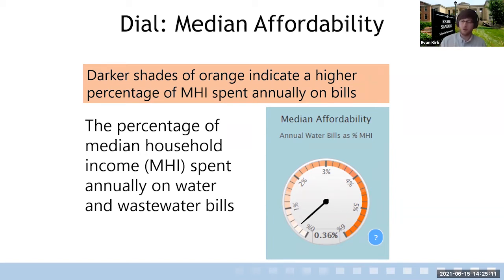But this is just one metric that you could use along with others to see where your water and wastewater bill sits. We found too that a good way to look at affordability is to look at other costs in your community. So if your water bill is particularly high, but other costs are low, maybe you're still okay.